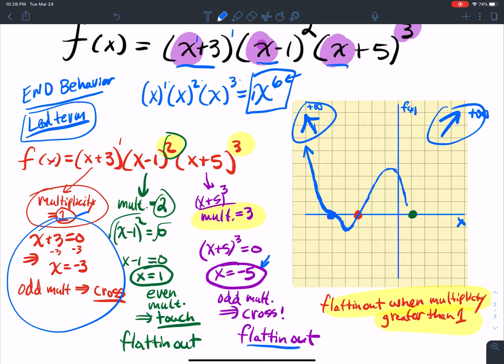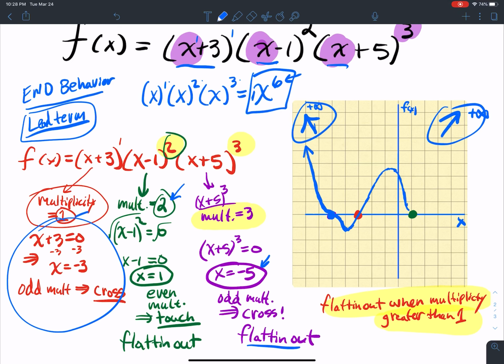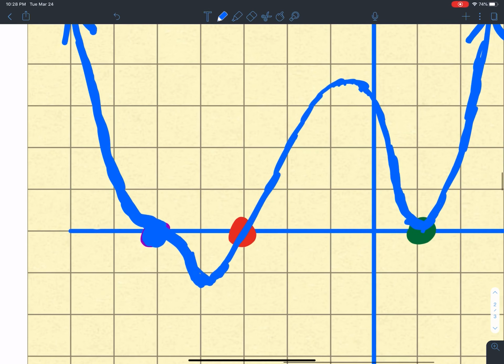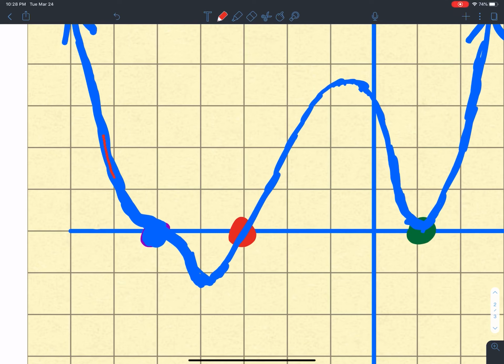And then what do I do at this 0 here? Well, it's an even multiplicity, so I touch it. So I'm coming down, I touch it, I flatten out, and then I come back up. And I shoot off to infinity here. So that's what I'm looking for when I'm coming in. So this is a root, x equals -5.